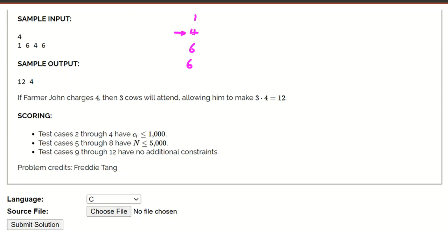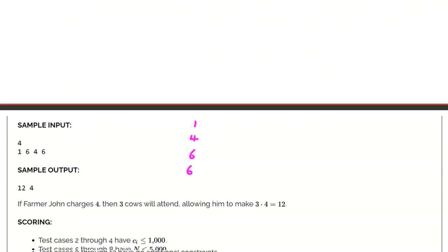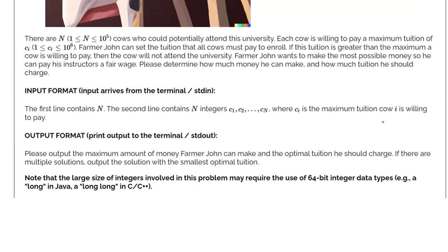For example, this second one says that I can pay at most $4. This one can pay at most 6, can pay at most 6, and this can pay at most 1. So we want to maximize what the problem says for output: the maximum amount of money Farmer John can make. And it says, for the optimal tuition.